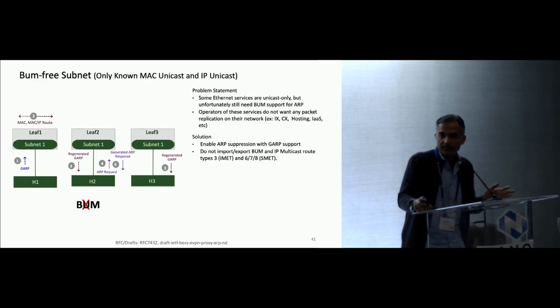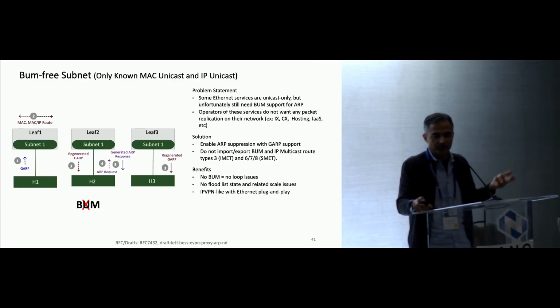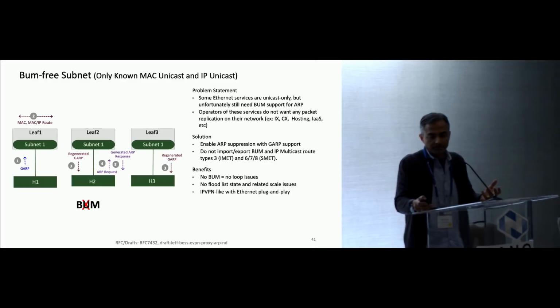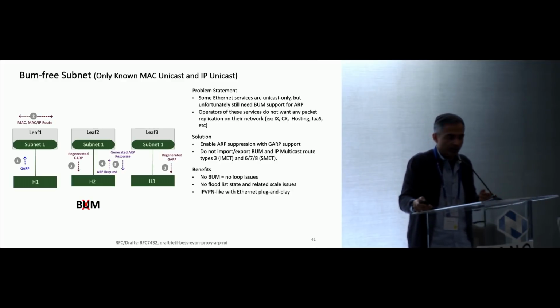And now you have an L2 network that is just for unicast. The nice thing about it is there's no BUM, so there are no loops. There are no flood list state scale issues, because when you have BUM or any type of replication, you have flood lists, and that consumes state on your chip. So you have none of that. And it's IPVPN-like, but it has the Ethernet plug-and-play properties.